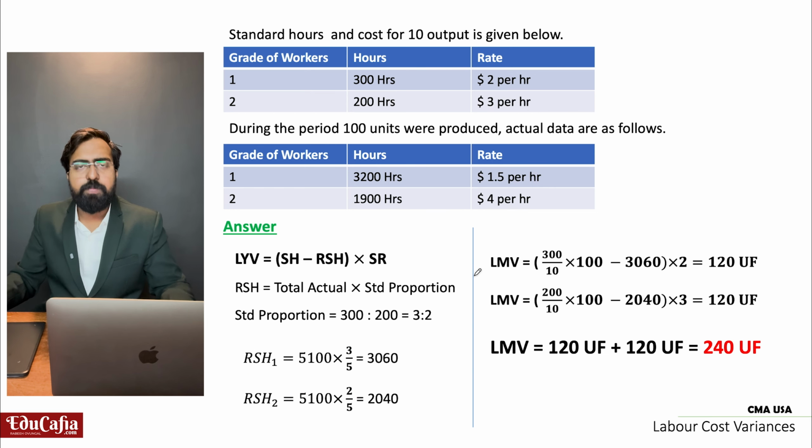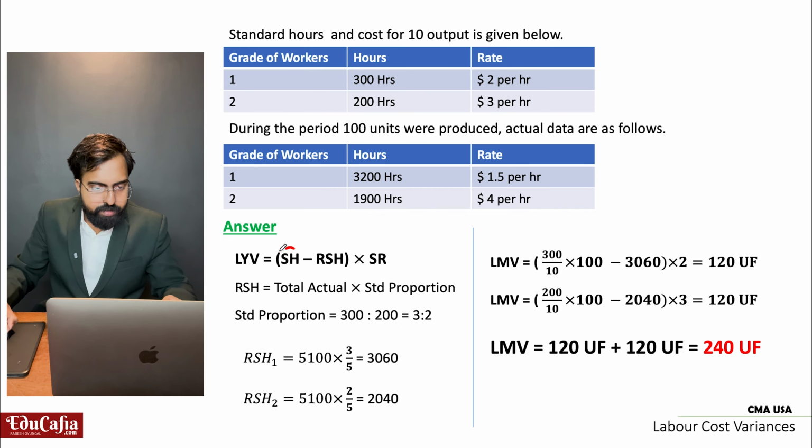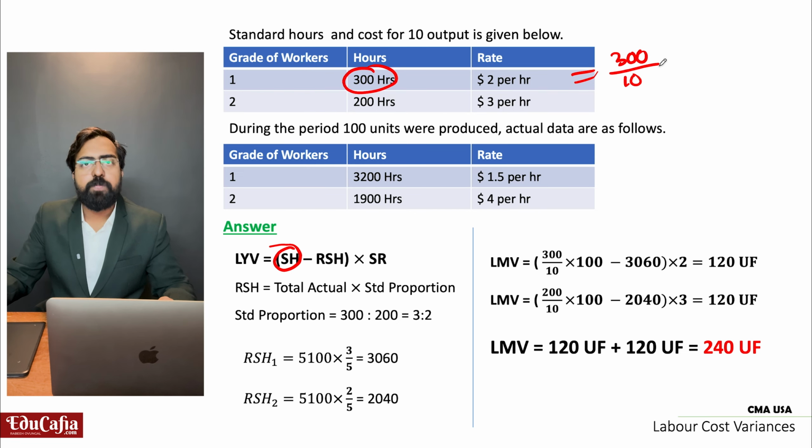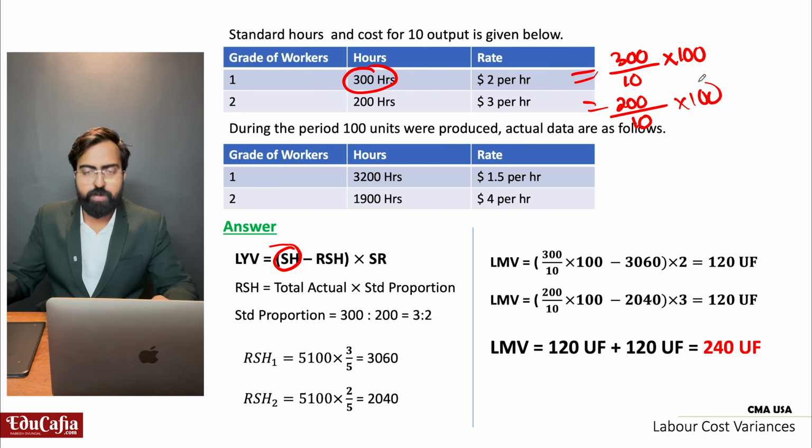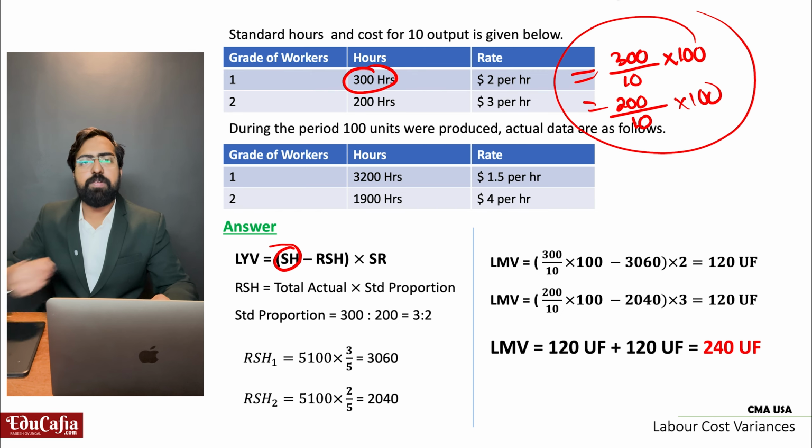The next, what is standard hour? This 300 hours is for 10 outputs, then you have to convert it to 100 units. Then this 200 hours for 10 outputs, I have to convert it to 100 units. This is nothing but standard hours, right?